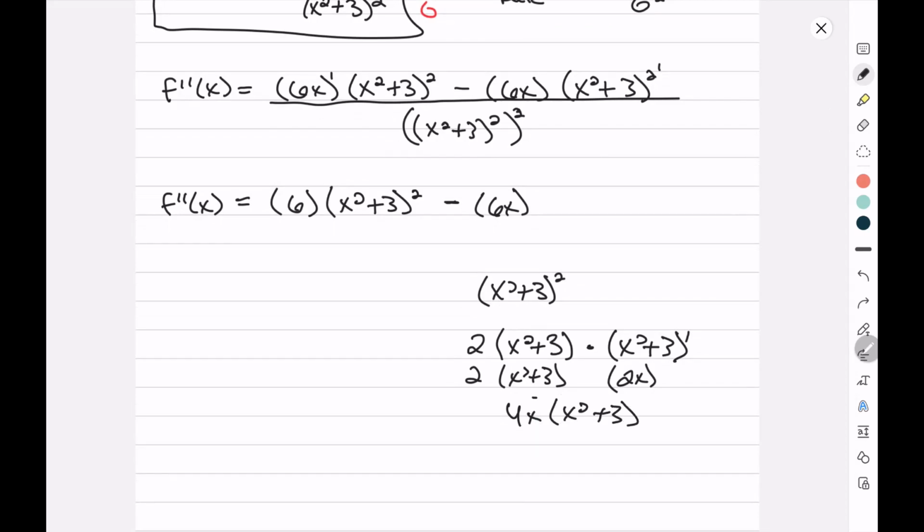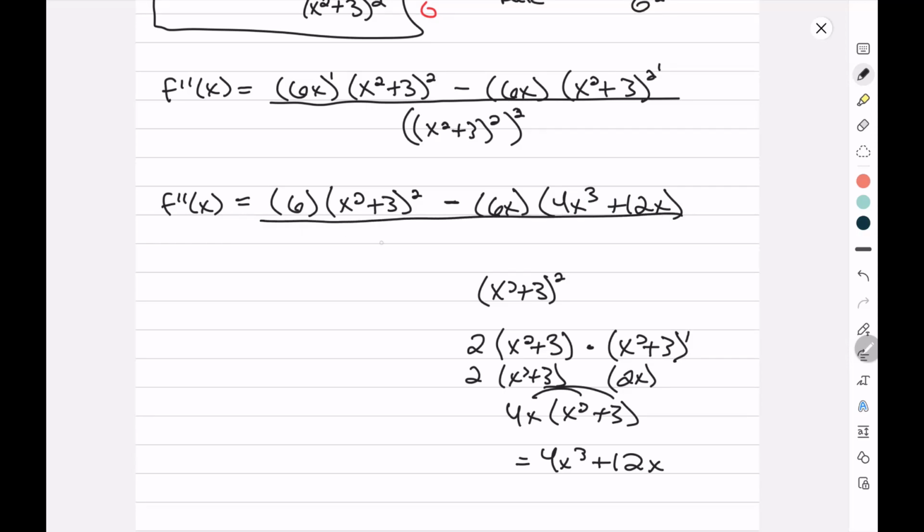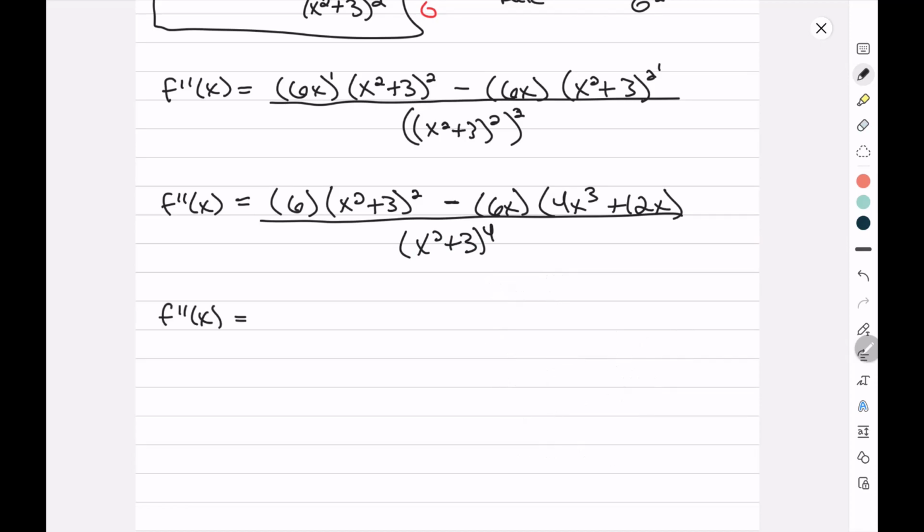If we distribute out our 4x, we will get a 4x to the third plus 12x, all over, in parentheses, x squared plus 3 to the power of 4. So then I would pull one of the x squareds out. So we could multiply the 6 out.